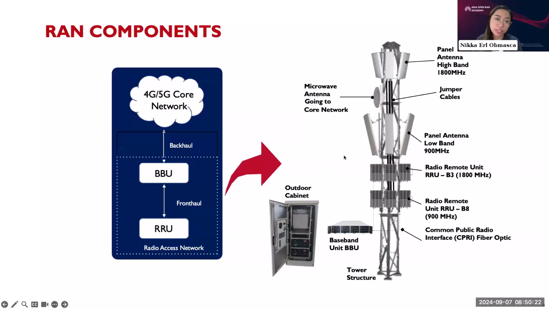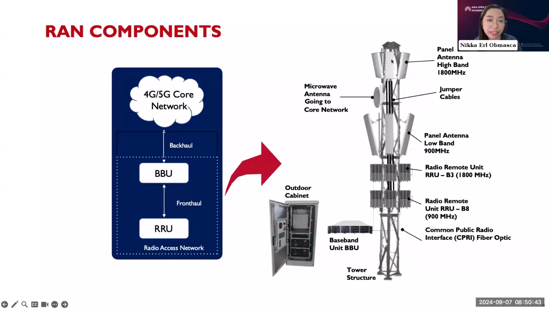So, sa example natin, microwave antenna, pero pwede rin siyang maging fiber optic equipment and other kinds of backhaul. So, ina-ensure niya that the signals are transmitted reliably and quickly over long distances. So, ito yung different components of a RAN system.